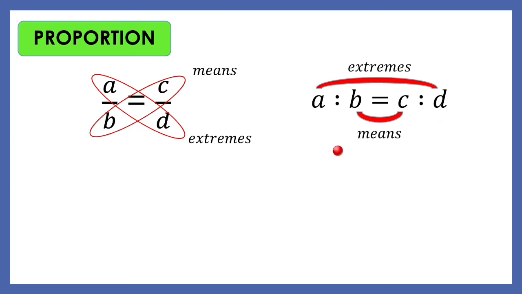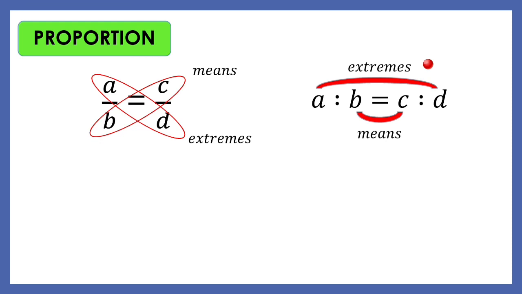Okay, let's repeat. The first and fourth terms are called extremes, while the second and third terms are called means. Here in our column form, the second and third, or the ones in the middle, are the means. The first and fourth terms, which are on the outside, are the extremes.